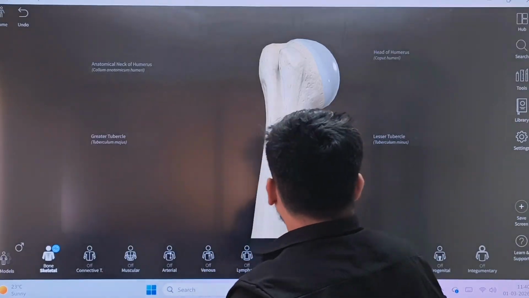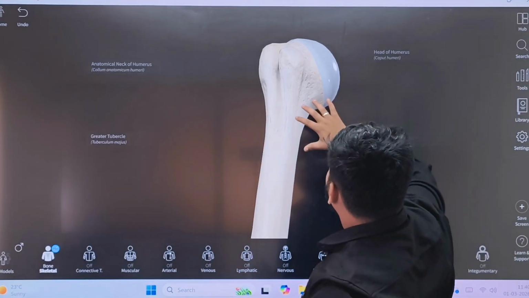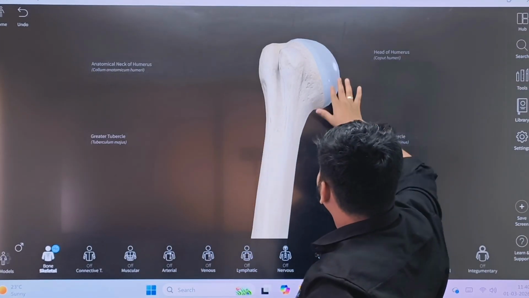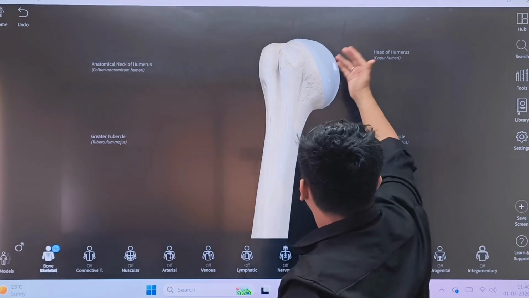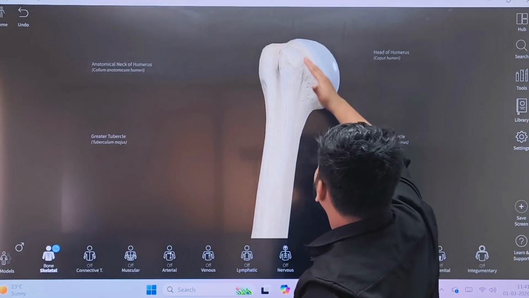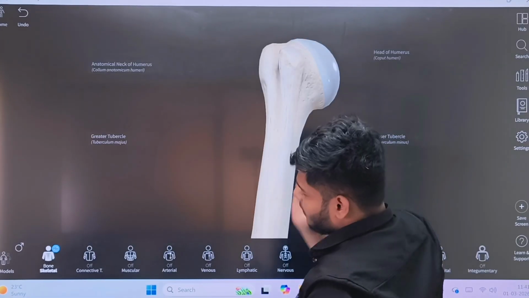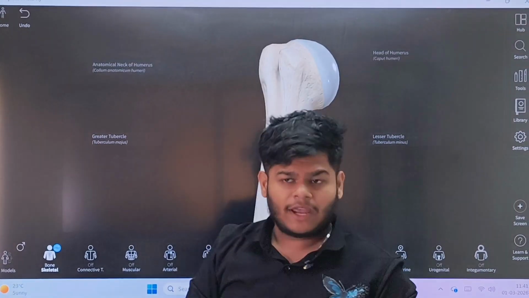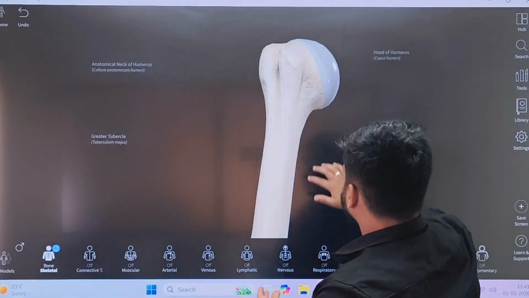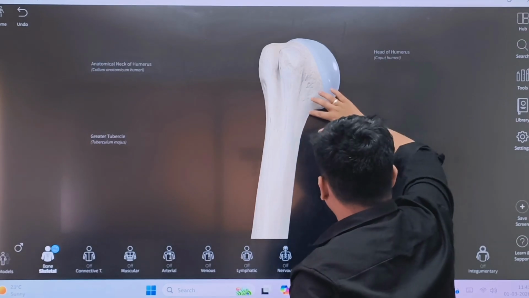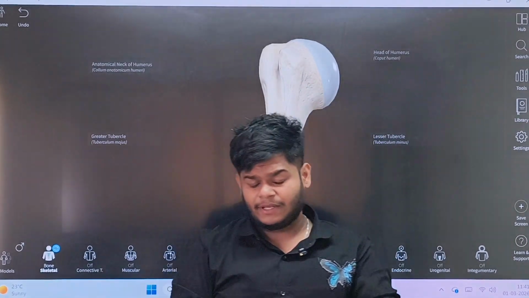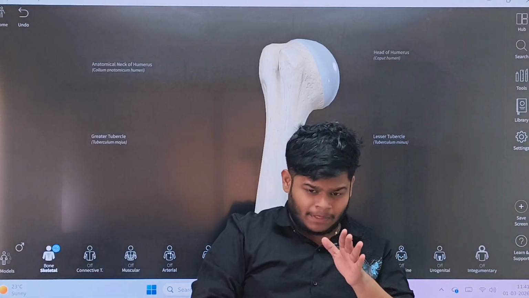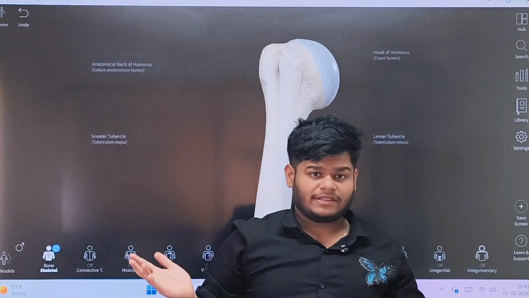Now, when we see the upper end, there is the head. We have seen the head. Now the line which separates the head from the rest of the upper part is the anatomical neck. Here, somewhere, is present the epiphyseal line, which divides the diaphysis and epiphysis.